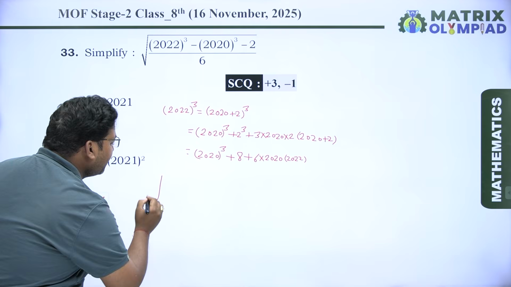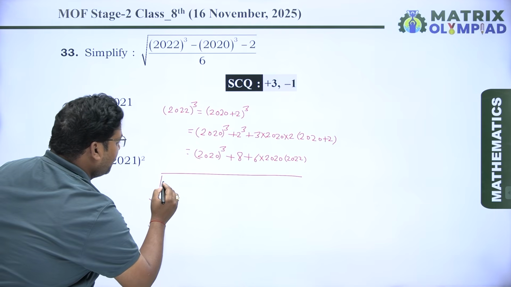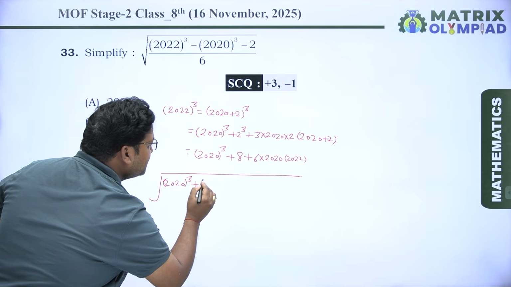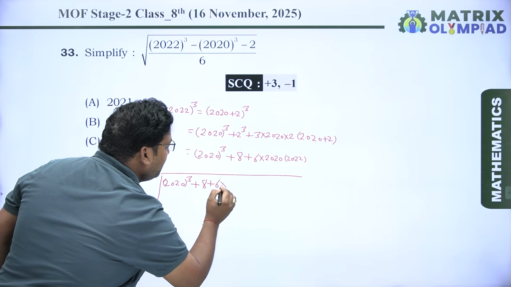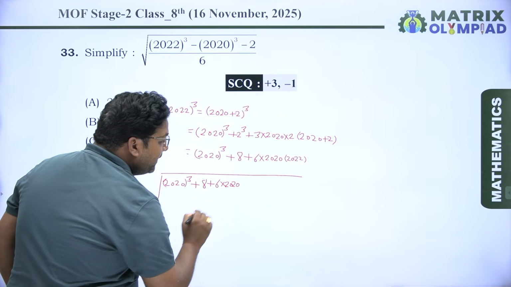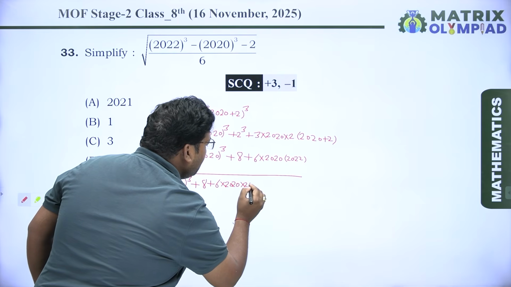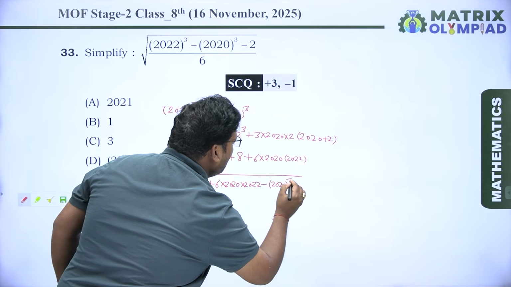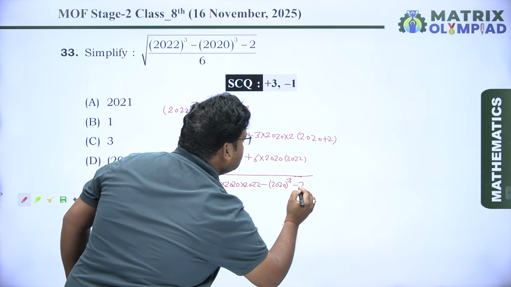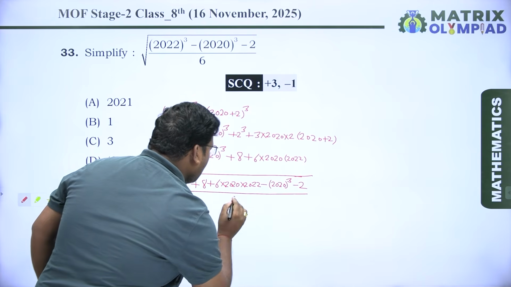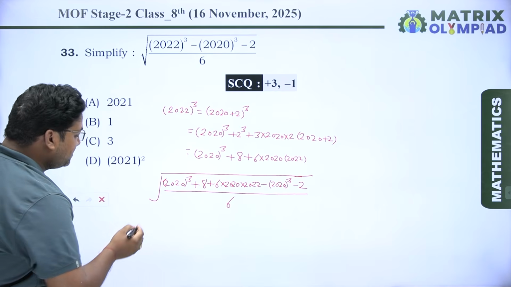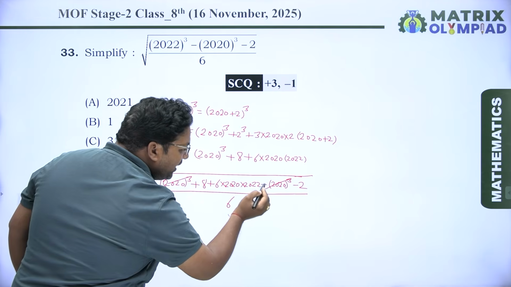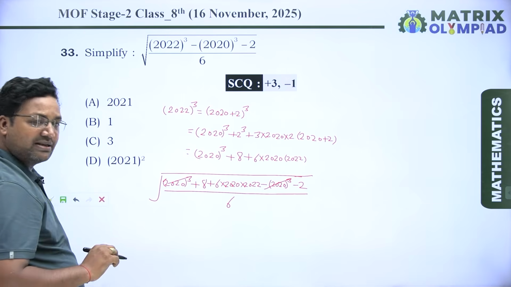So we will get 2020 whole cube plus 8 plus 6 into 2020 into 2022 minus 2020 whole cube minus 2 upon 6. You can see 2020 whole cube plus and here 2020 whole cube minus. So these two terms are cancelled out.